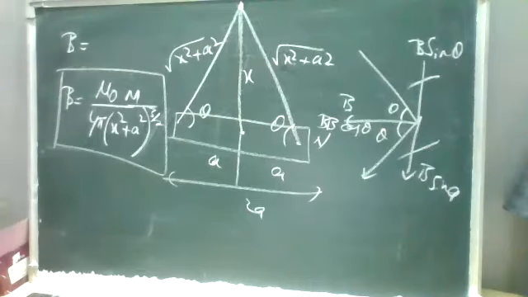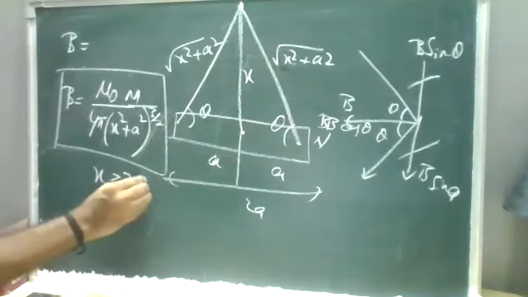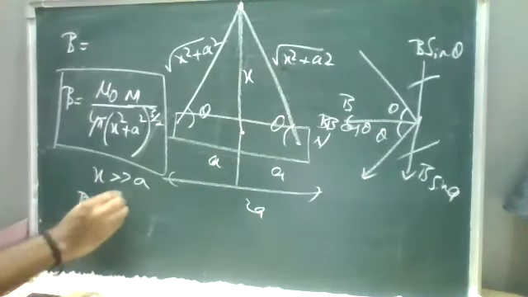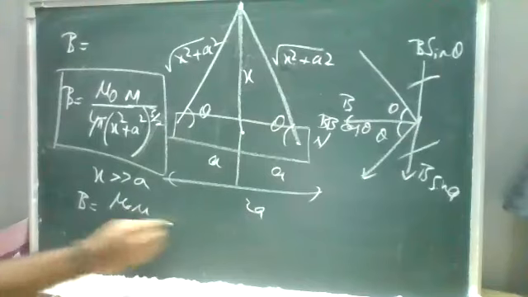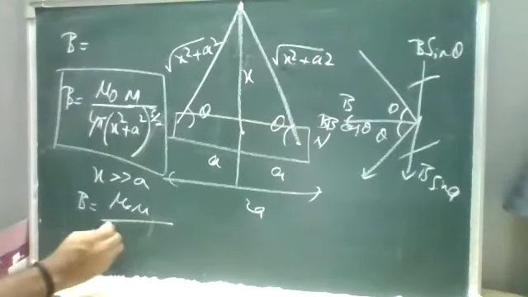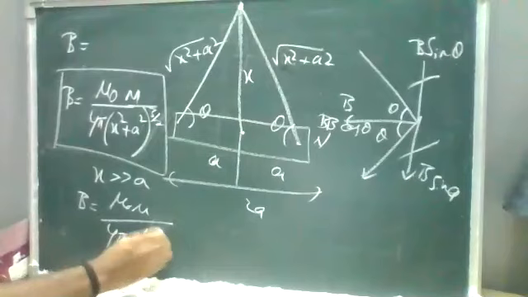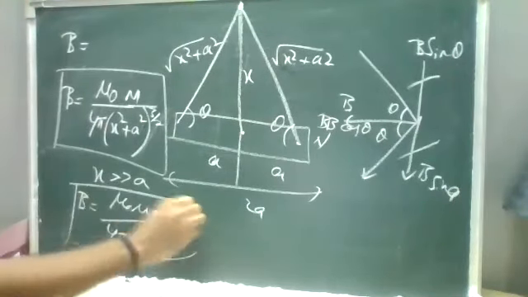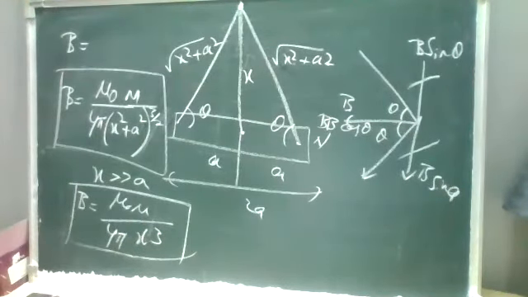And for the special case, if x is much greater than a, B is equal to mu naught m by 4 pi x cube. If x is much greater than a. So this is your equatorial for a bar magnet.